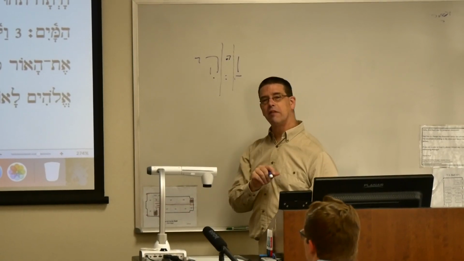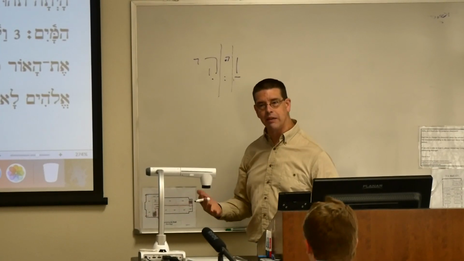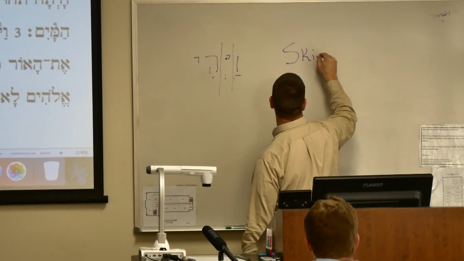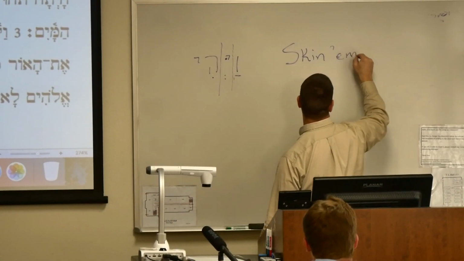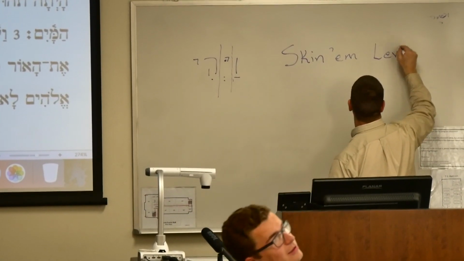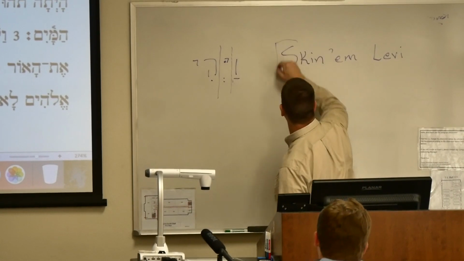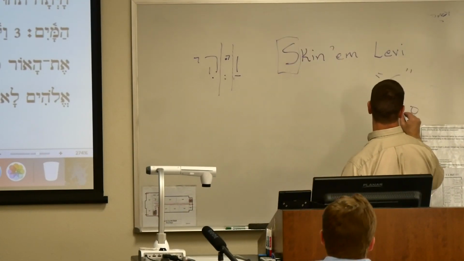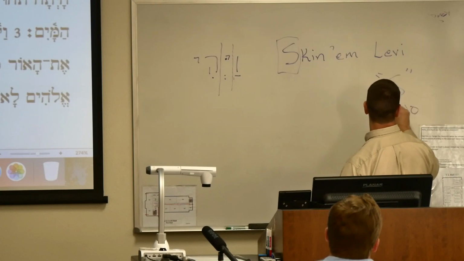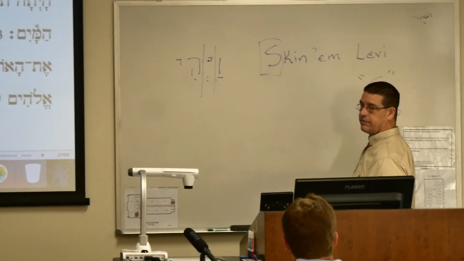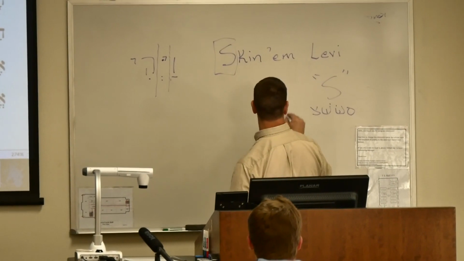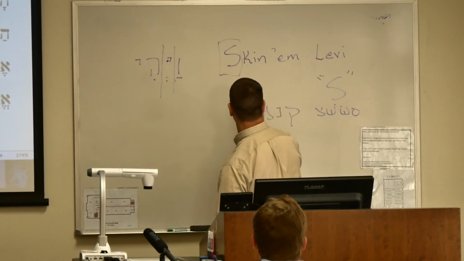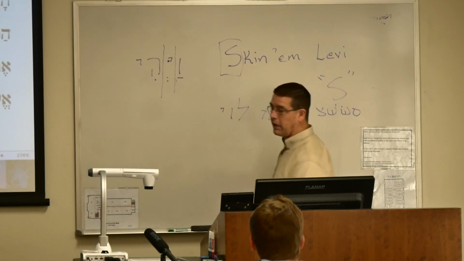But Hebrew has this little quirk. I want you to remember Skinnem Levi. What is S? S sounds. That means Samech, Sin, Shin, and Tsade. Then Kinnem: Kof, Nun, Mem, and then Levi, which is actually spelled Levi.